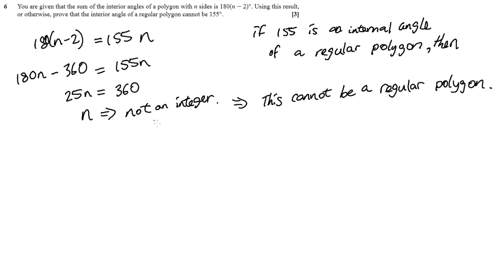The value is between 12 and 13, I believe, and so you should be able to also say, hypothesize if n is 12, then you get a certain internal angle that is smaller than 155. If n is 13, then you get something that is larger than 155, and so 155 is not. That is the counterexample one, and both ways work.